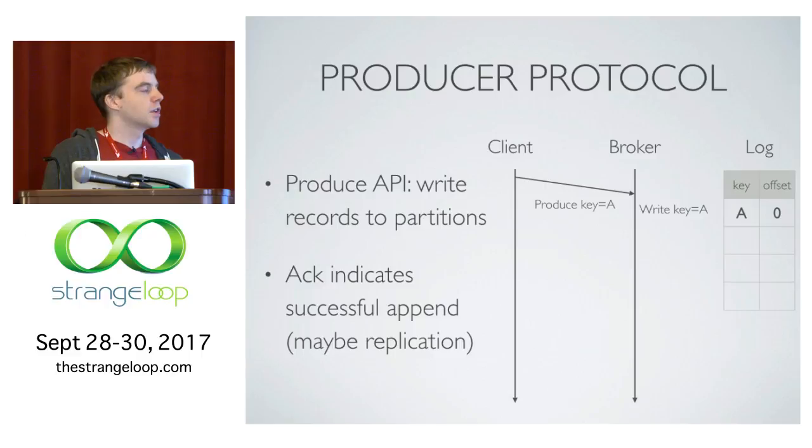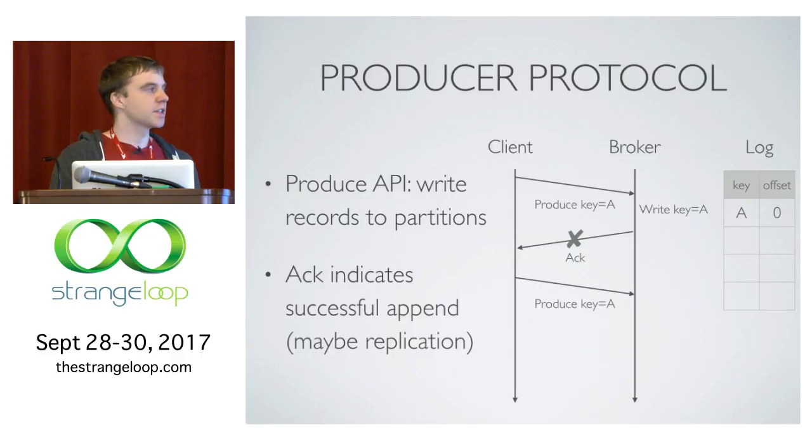We write to the log, and depending on the semantics that you want from the producer, replication may happen before we return. But in any case, we write to the log, and then we get some kind of acknowledgement. It can happen that you fail to get that acknowledgement, in which case typically the producer is going to retry. And retrying, and we'll talk about this more in depth, you can see this is a kind of protocol limitation. It results in duplicates in the log.